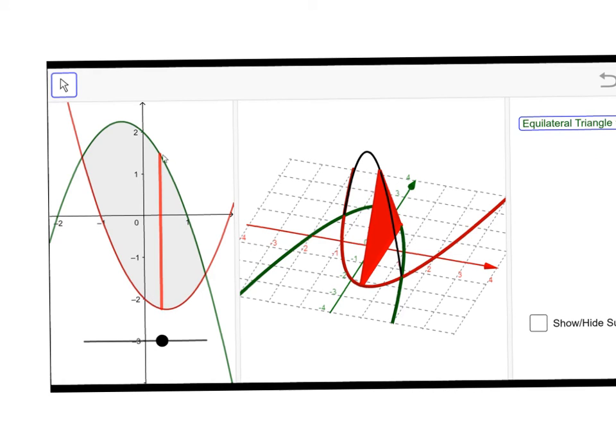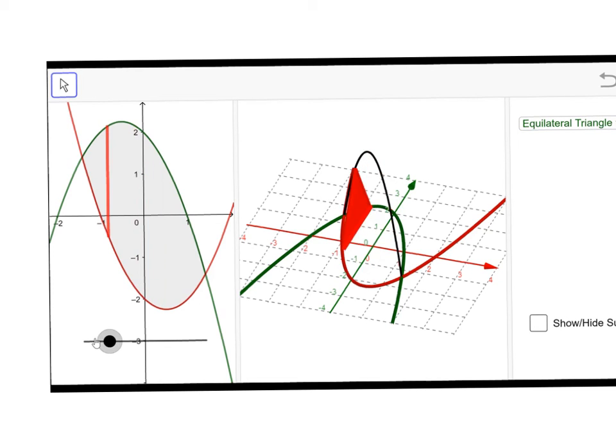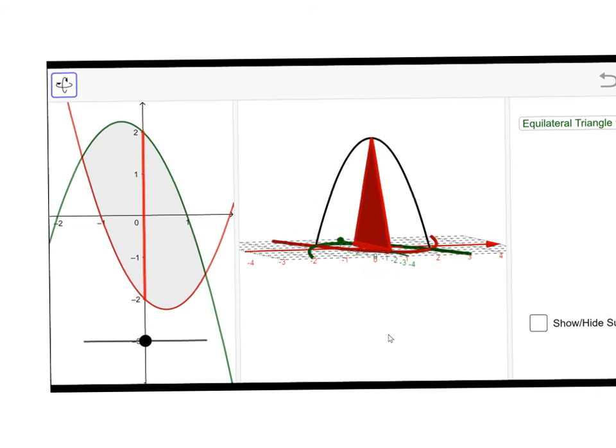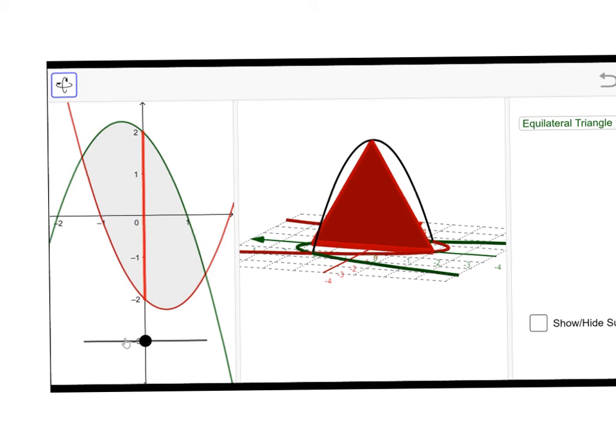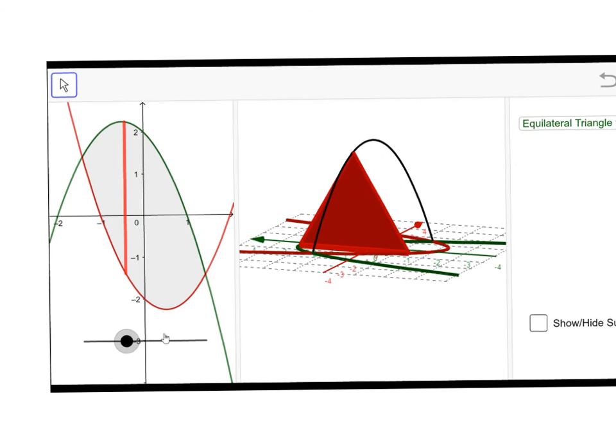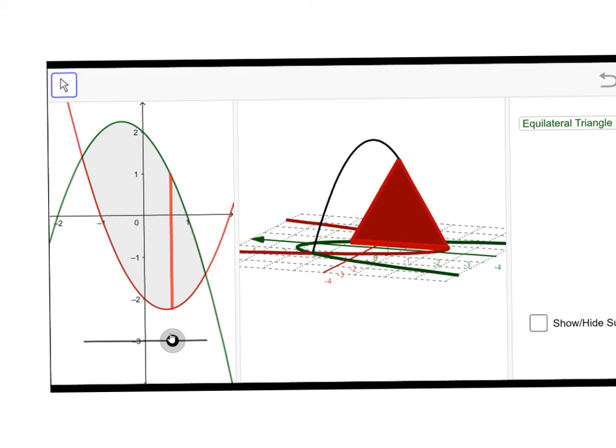All right, now, each cut perpendicular to the x-axis is a vertical rectangle, just like when we're finding the area of curves. But now, this vertical slice represents the side of the equilateral triangle as it goes through the base. Okay, and if we look at it in 3D, whichever way we turn it, we have an equilateral triangle going through.